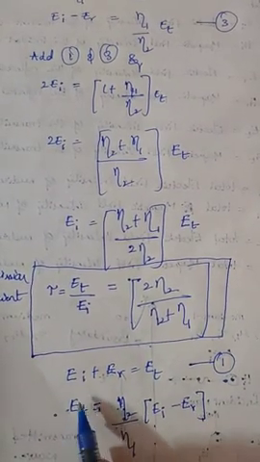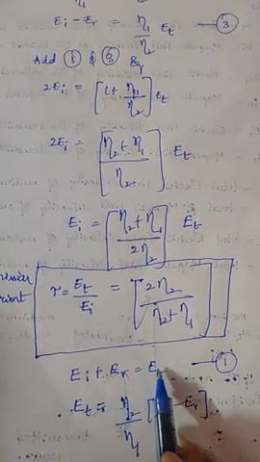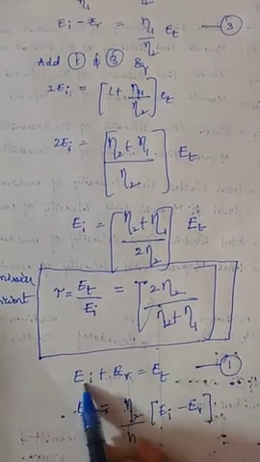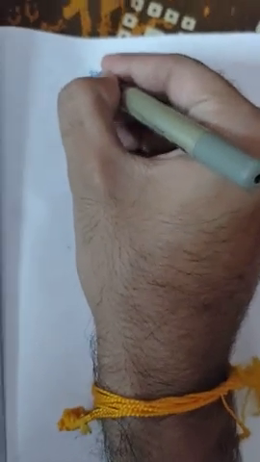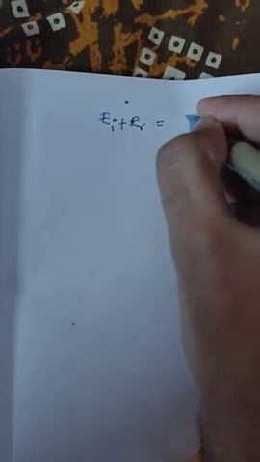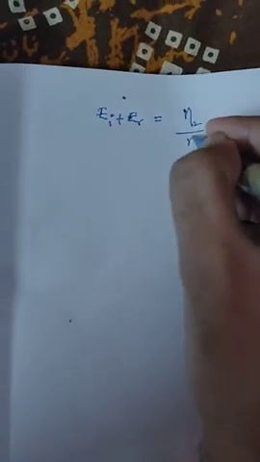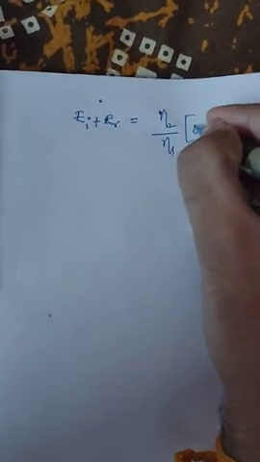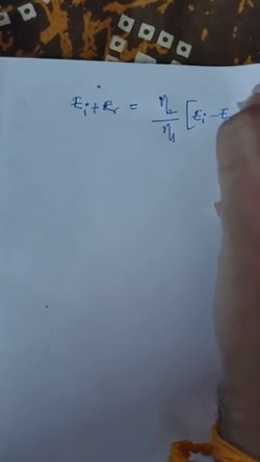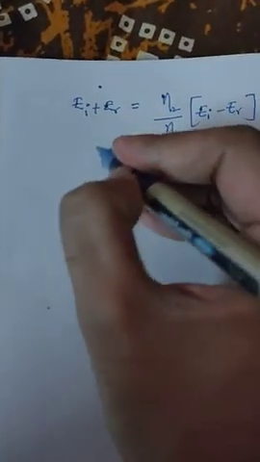Now replace this ET value in the first equation. So I am writing now, EI plus ER is equal to eta 2 by eta 1 multiplied with (EI minus ER).